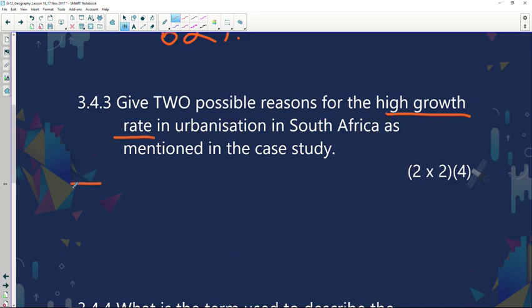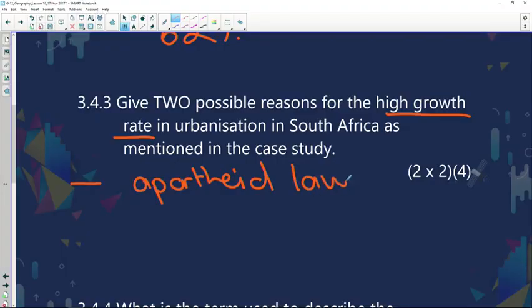Now, the first one was apartheid, the apartheid laws. Now, keep in mind, if you studied history in grade 9, we talked about the apartheid laws. Black people were not allowed to live in urban areas, the white urban areas. They had their homelands. So because of apartheid laws, once after 1994, black people were allowed in the urban areas. So that's our first one, apartheid laws.